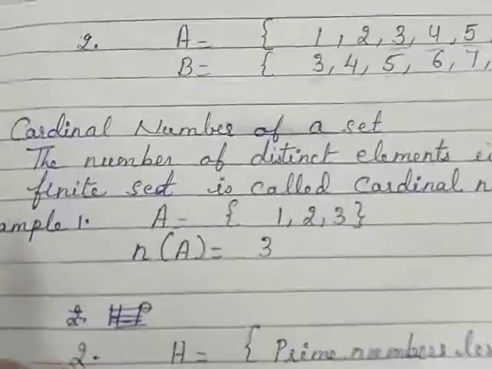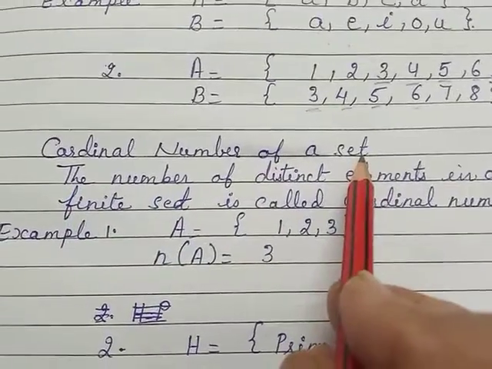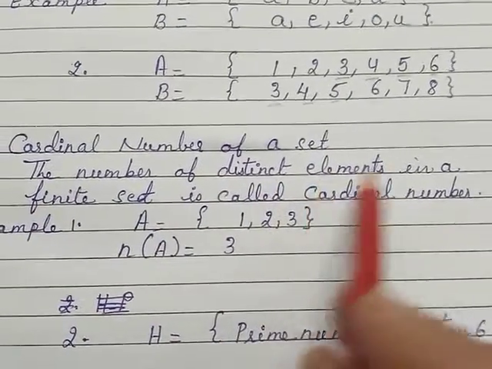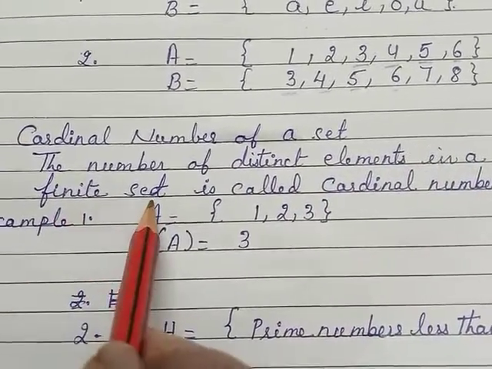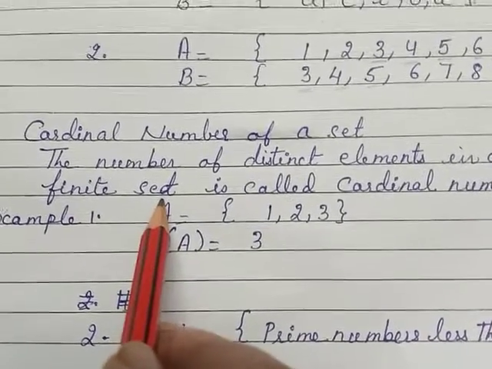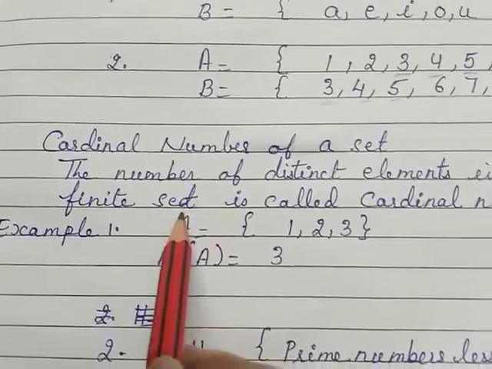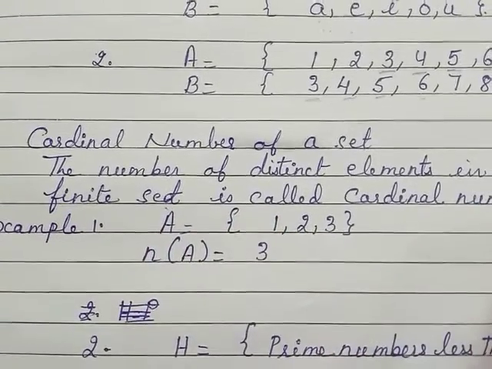Now about the cardinal number of a set. What is a cardinal number? The number of distinct elements in a finite set. Finite set means we can count the elements present in the set, and that count is called the cardinal number.